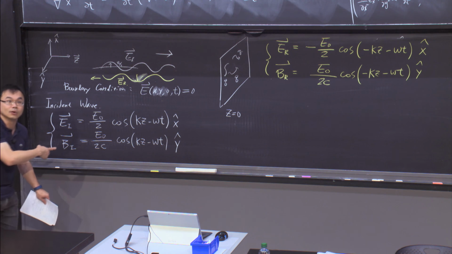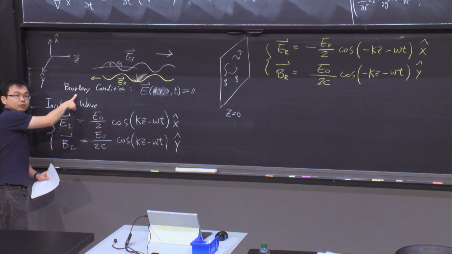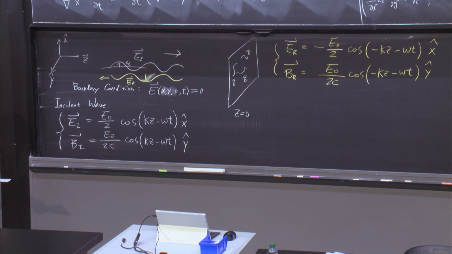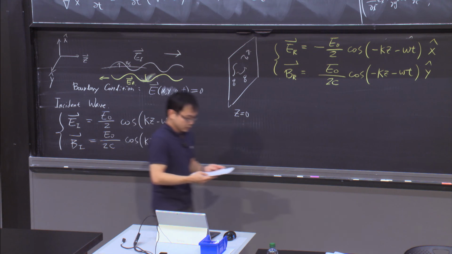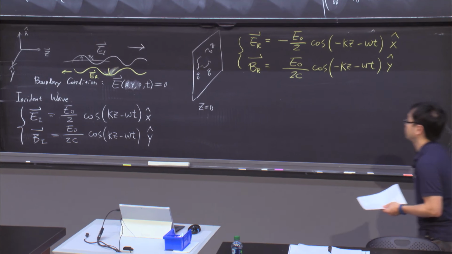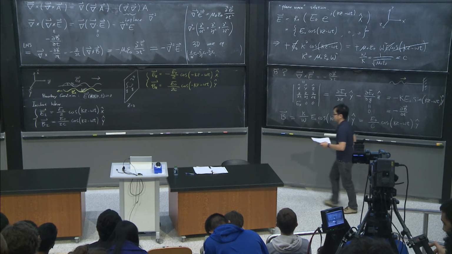Therefore, they really cancel and give you the desired boundary condition, which is E equal to 0 at the surface of the perfect conductor. So that's very nice. And this is the physics which we already learned from this string wall system.